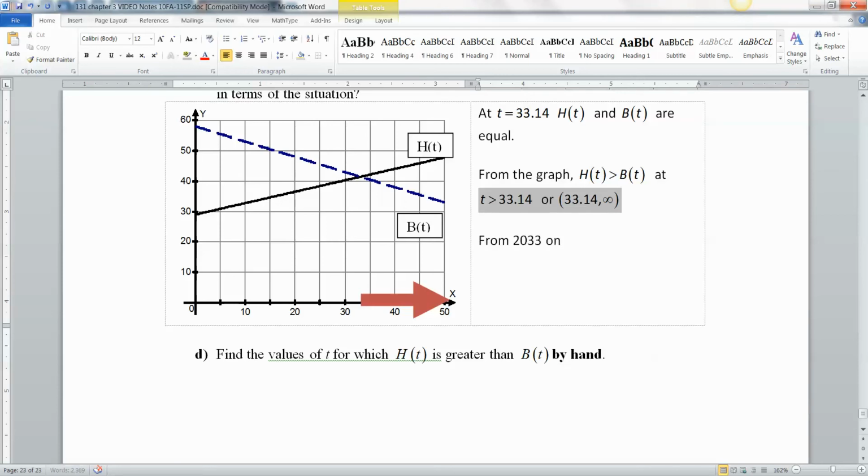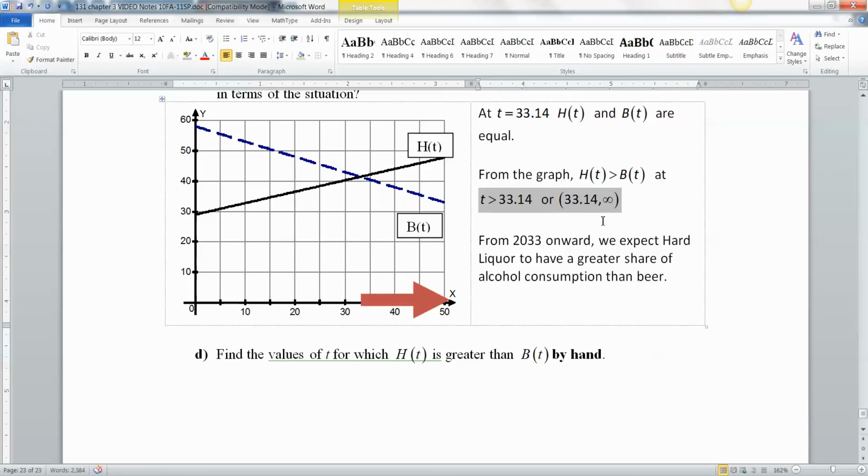So from 2033 onward, we expect hard liquor to have a greater share of alcohol consumption than beer.